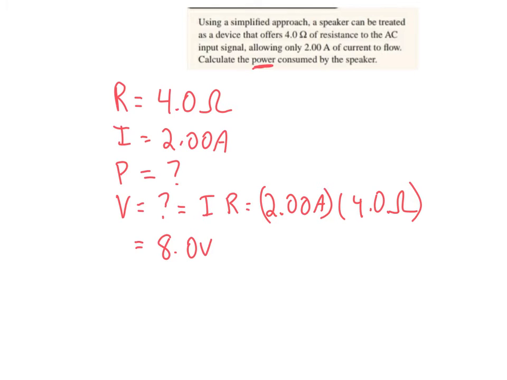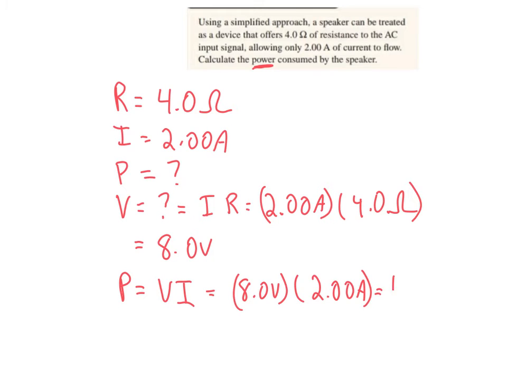So now we're going to use P is equal to VI or IV. It doesn't really matter which way you go there. This is going to equal 8.0 volts multiplied by the current, 2.00 amps, and we obviously are going to get 16 watts on this one. And there's my final answer.